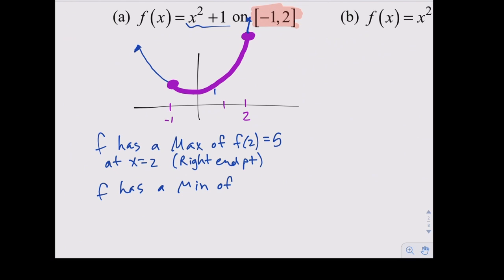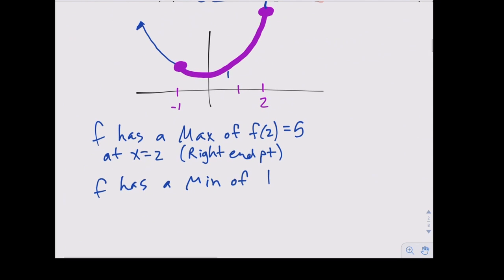Yeah. You could say F of 0 equals 1, or you could just say a minimum of 1. That's fine. If you just say a minimum of 1, we know it's what type of number, x or y? The y value. And it occurs at x equals 0. And that one's going to be on the interior. Sweet.